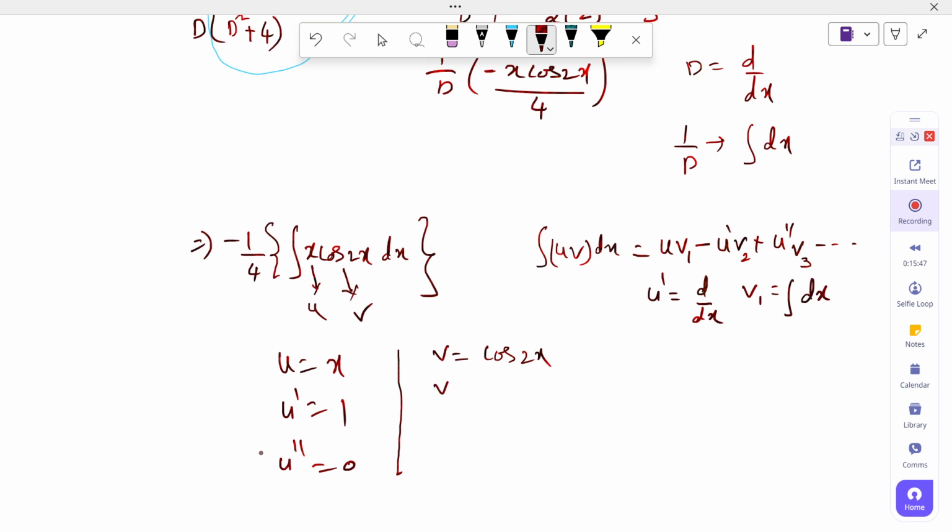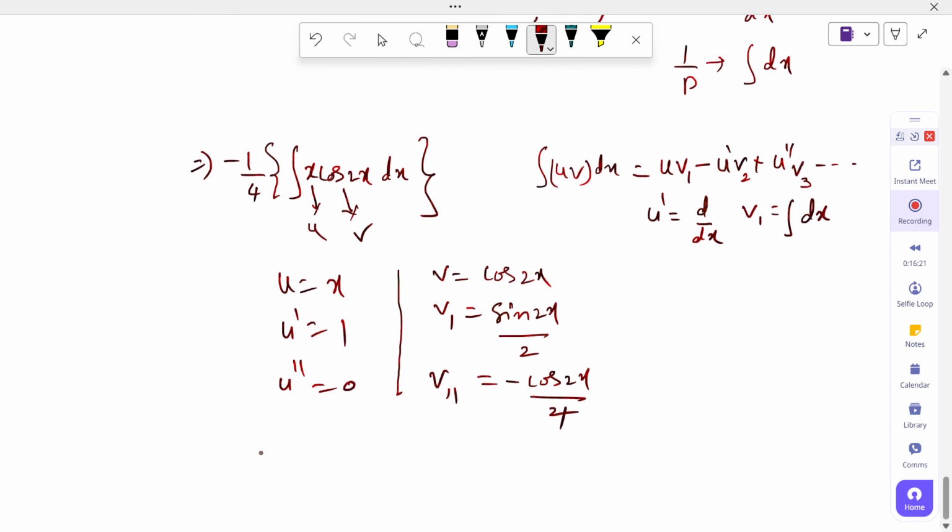Then your v1, the integration of cos, equals sine 2x by 2. Then v double dash equals minus cos 2x by 2 into 2, which equals 4.